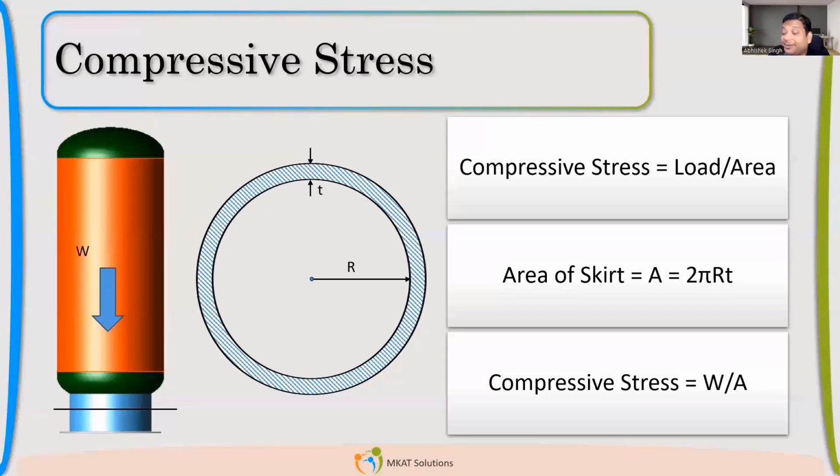Okay. In normal operation, whatever liquid is there with whatever height filled, that will be the dead weight. In empty case, that empty weight. Okay. That will be there. But that is only one part. That is the compressive stress created by dead weight.